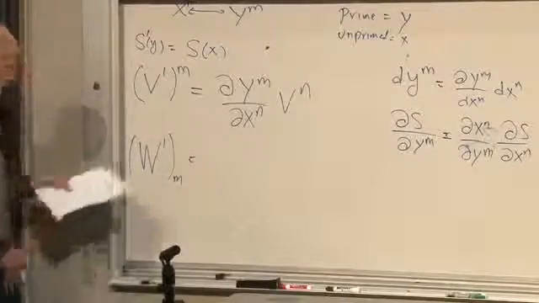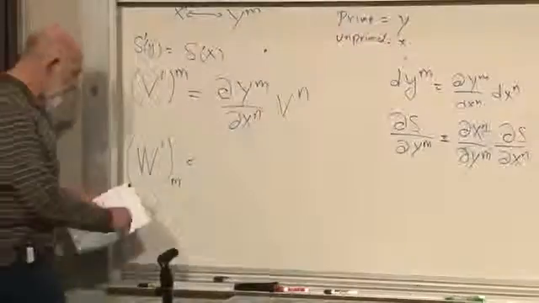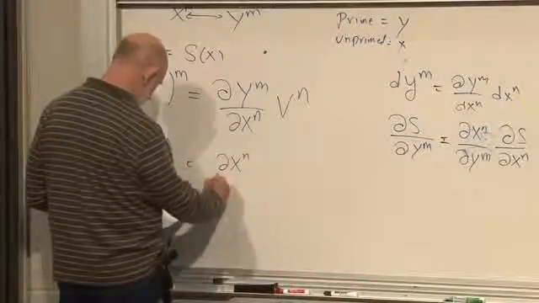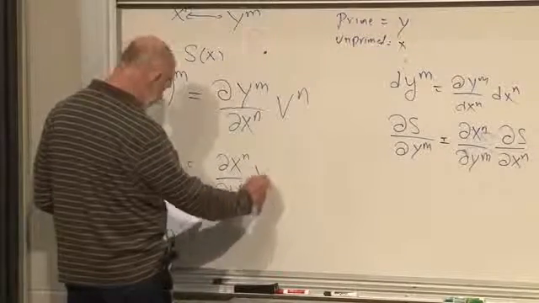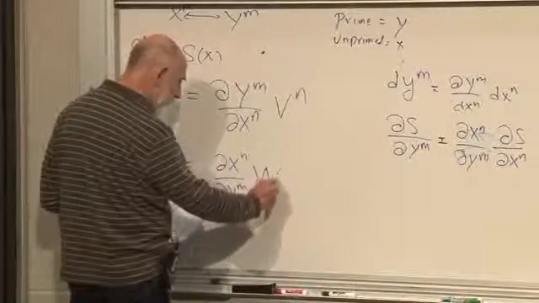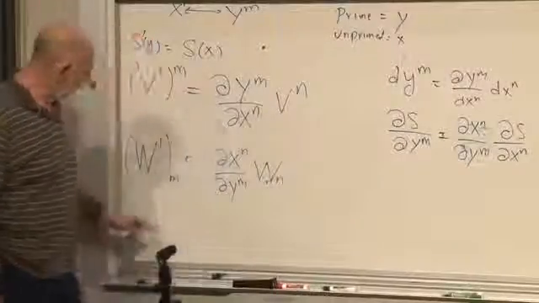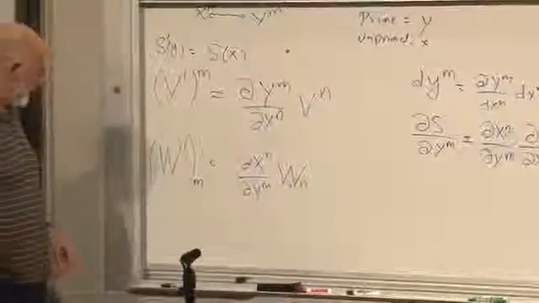I'm just using W and V to give different letters for things. This is equal to dx^n/dy^m times W_n. Same pattern as over here. Again, dx by dy, and so forth. All right.